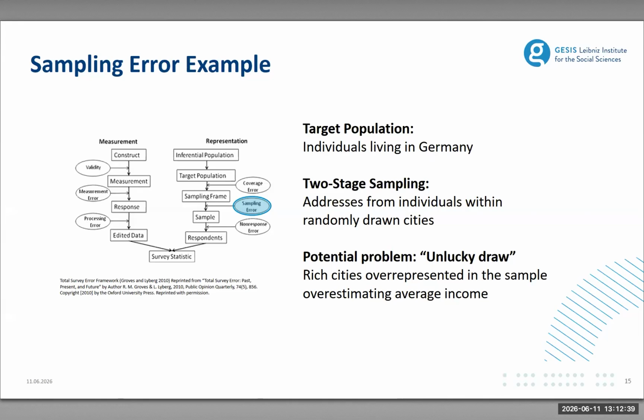And of course, stuff can go wrong. There can be an unlucky draw. We might randomly, by accident, draw richer cities overproportionally, and that would lead to a sampling error. So if we then want to look at the income distribution from the survey and infer to the target population, there might be some problems here.